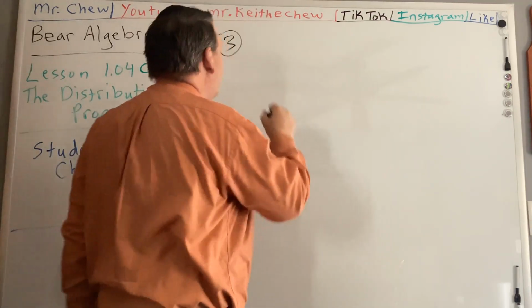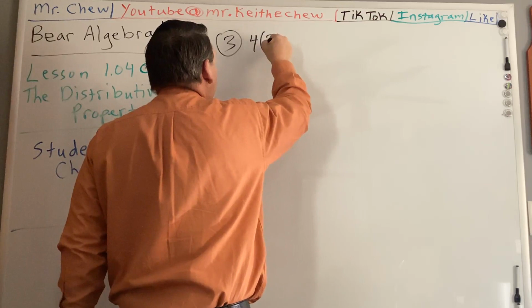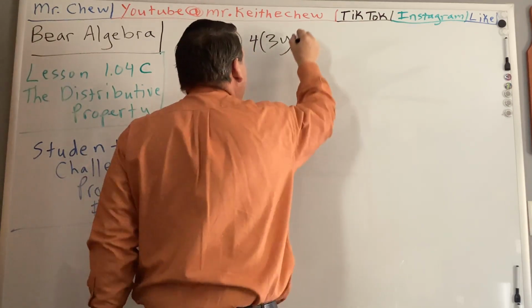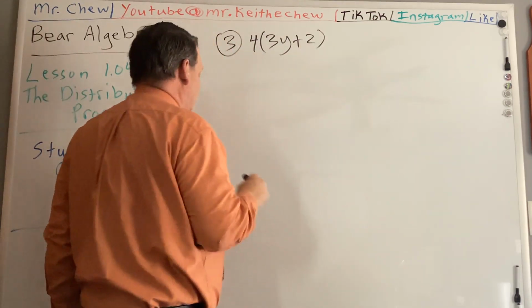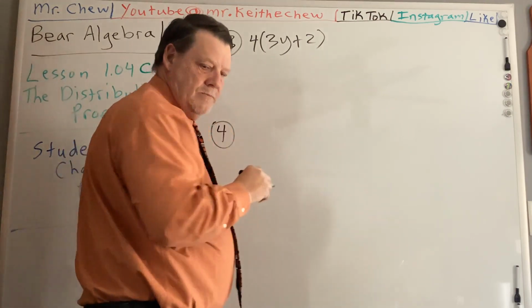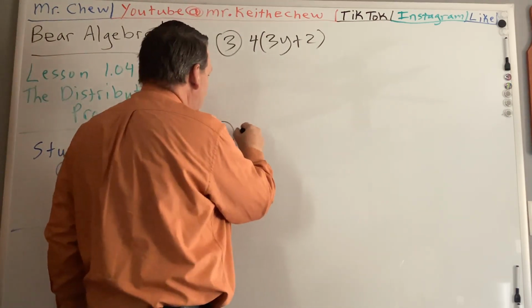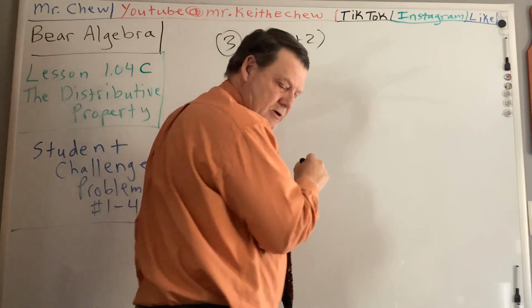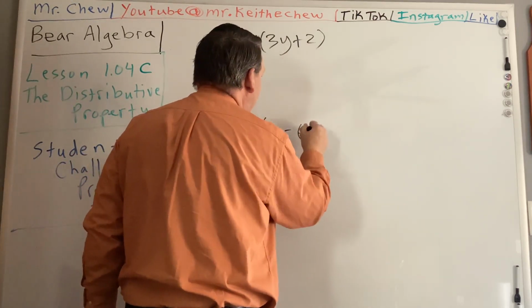So we had 4 times 3y plus 2, and then we have negative 4 times 3 minus 6x.